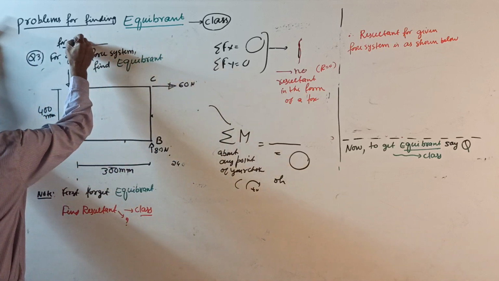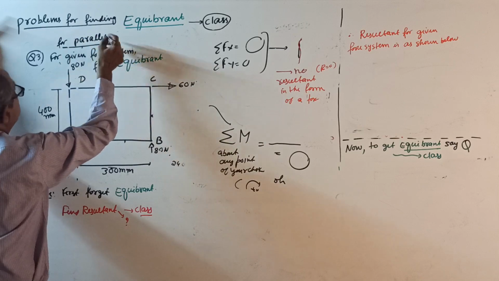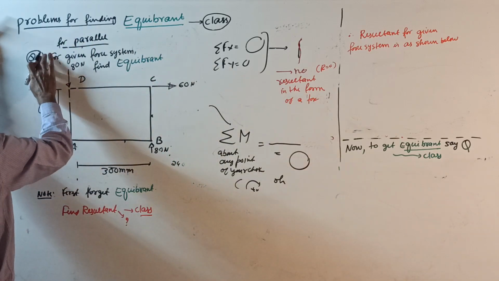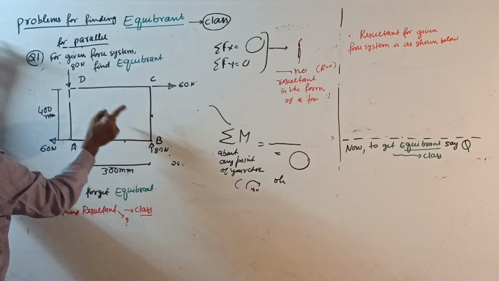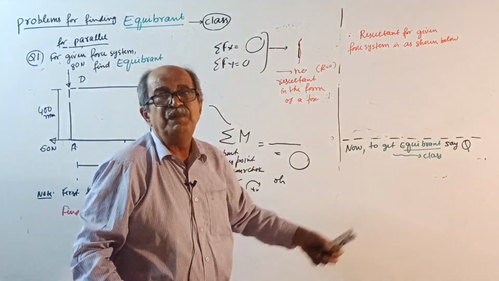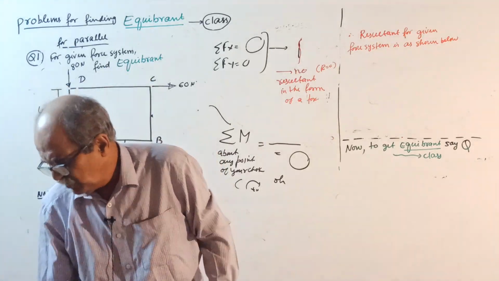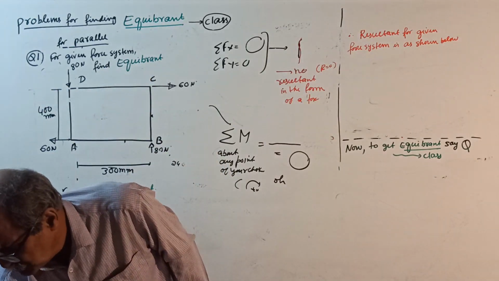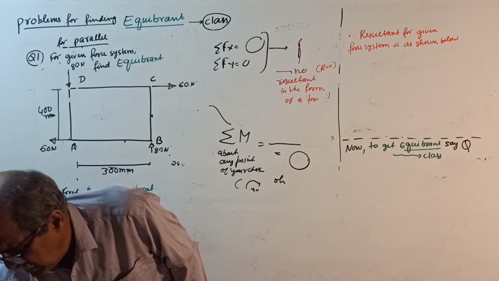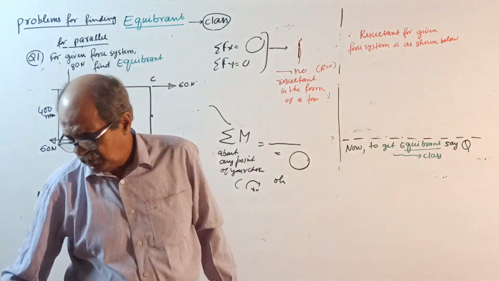Go for the same thing for parallel force system. Parallel force. First question 1, question 2, question 3. What I will do is in a corner, I will prepare the question to save time. One question I want resultant force. One question I want resultant couple.